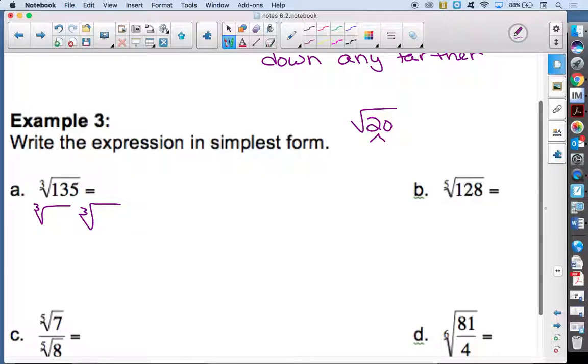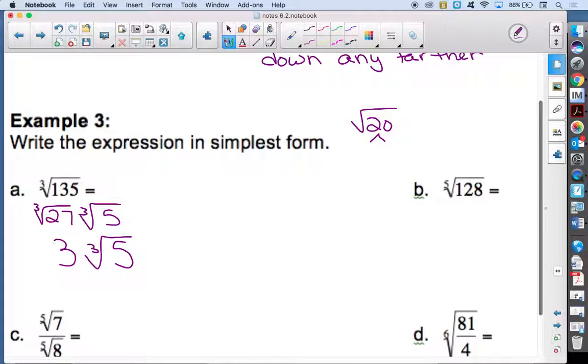So in your chart, looking at those powers that are cubed, what number goes into 135 that's in the cube column? Tyler? 27 times what, Tyler? 5. So you're picking 27 because 27 is a perfect cube. 27 becomes 3, and then we have the cube root of 5. So it works the same way as square roots, but now you have to look at the right column, which is why that sheet is so helpful.